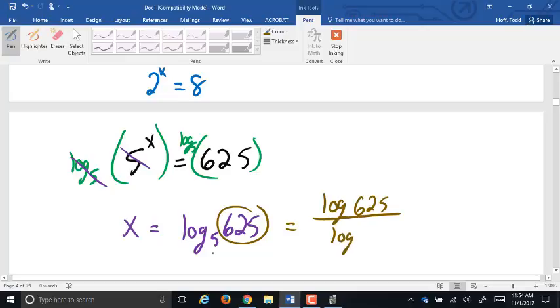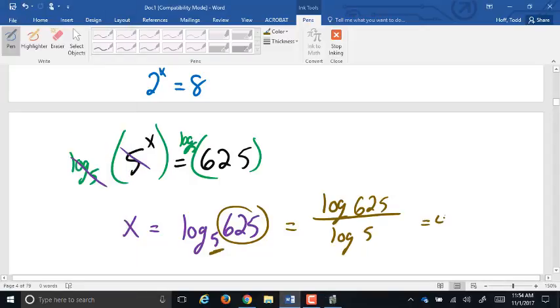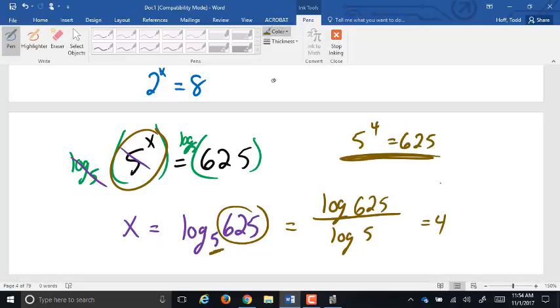Over log of what the base would be, which is 5. So log of 625, make sure you close the parentheses, divided by log of 5 is 4. If you double check that, by the way, 5 to the power of 4 is 625. We found that answer earlier.